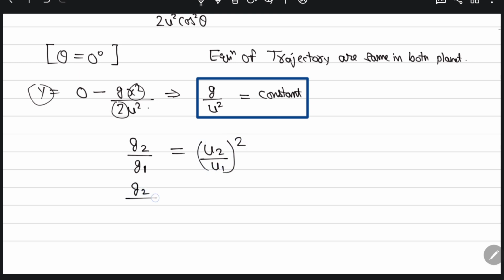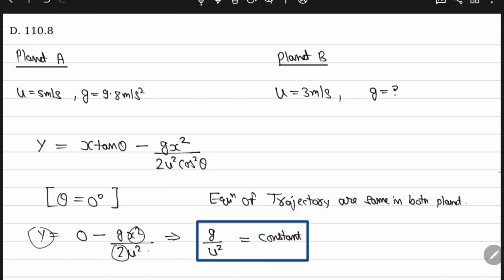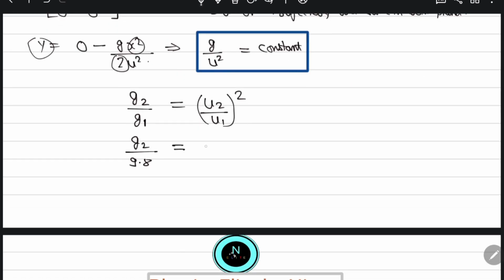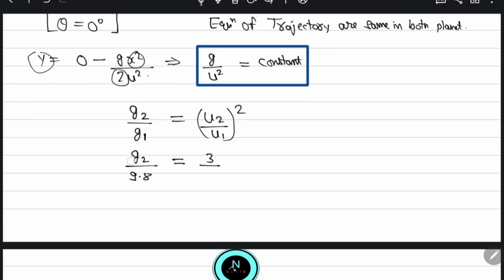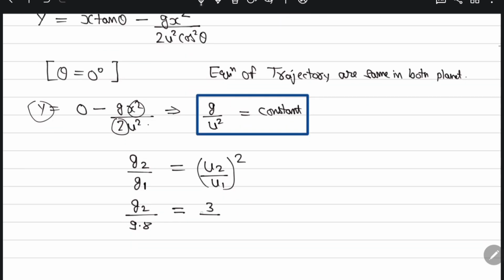g2 we have to find, g1 they have given 9.8, right? u2 is how much they have given? This is u1, g1, u2, g2. u2 they have given 3 and u1 they have given 5. We take the square, so that becomes g2 is equal to 9.8 times 9 by 25.